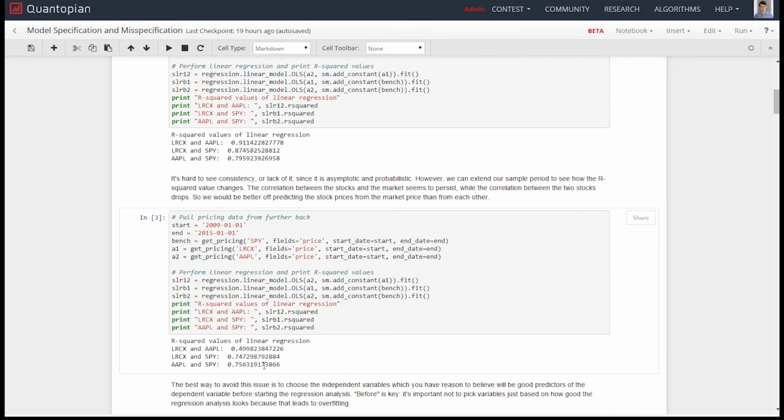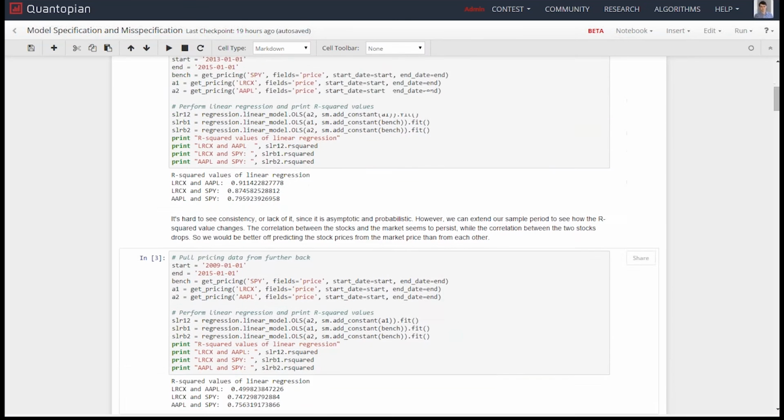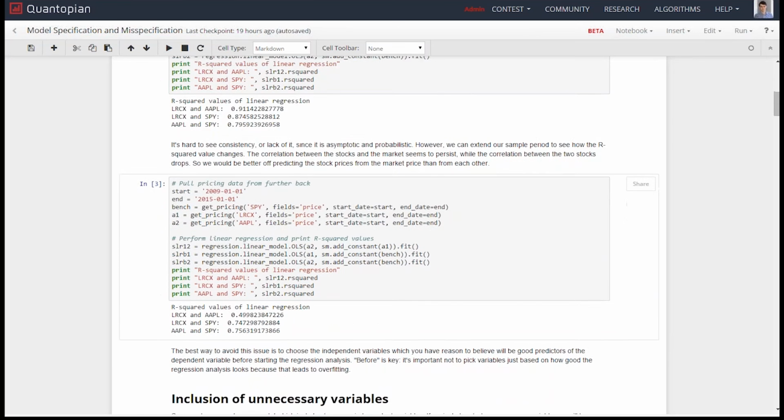So this is saying that the model that uses the market to predict the returns of Apple and LRCX is much more consistent than the model that uses LRCX to predict Apple. Again, you've excluded an important variable, which is the market. If you had just looked at this first relationship, your relationship could very well have fallen apart when you put your model up to trade.